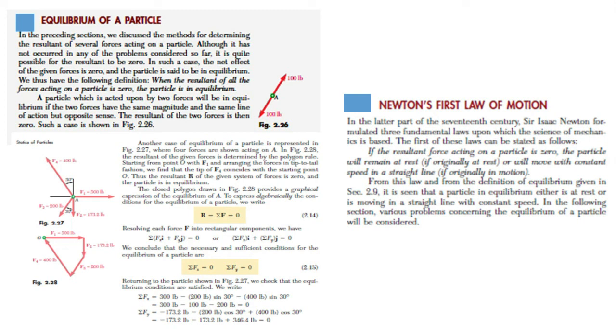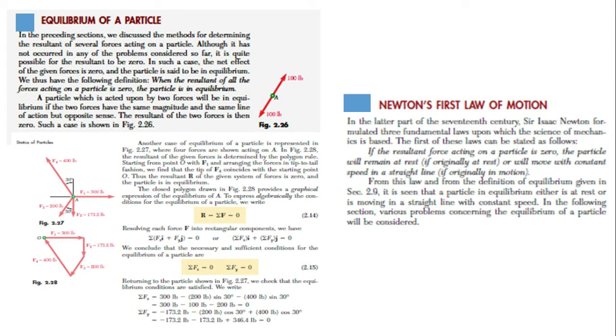Then you apply plus 400 pounds cos 30, and this one is a positive sign, because when you resolve F4 equal to 400 pound force, it lies along the positive y-axis. So it is plus 400 pounds cos 30.